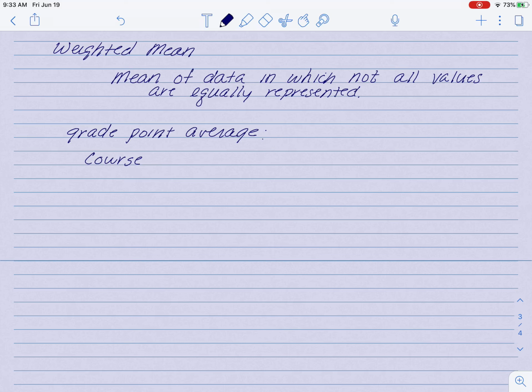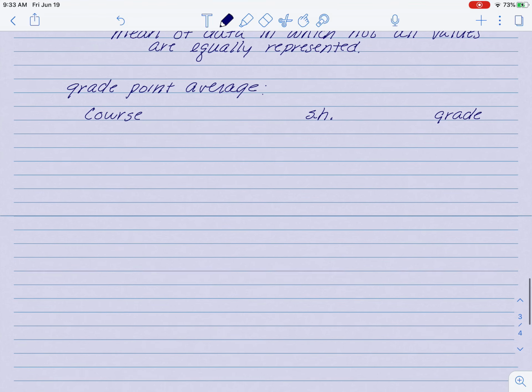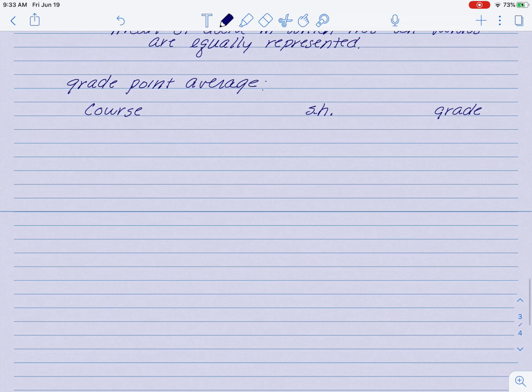They have certain credit hours, the semester hours that course is worth, and they have a certain grade in that course. Comp 1 is worth 3 credit hours, and they got an A in it, and an A is worth 4.0.